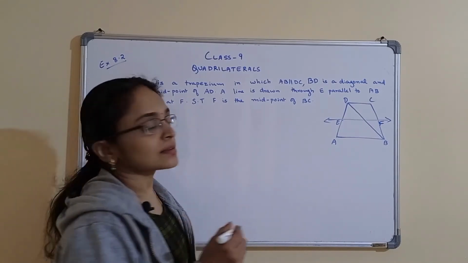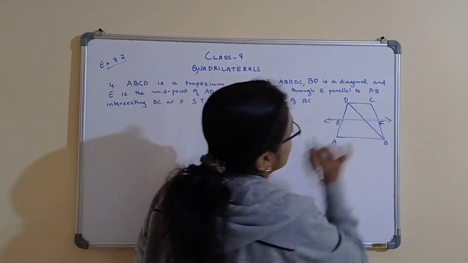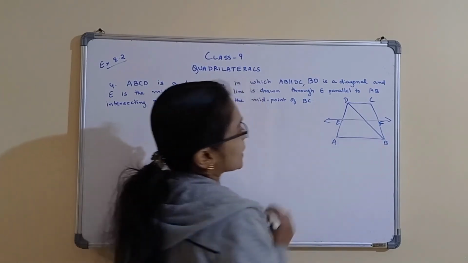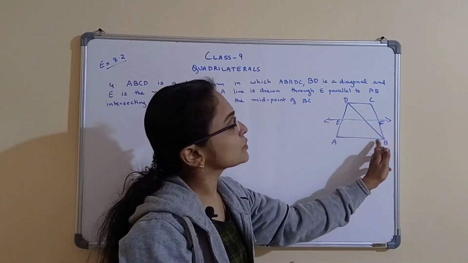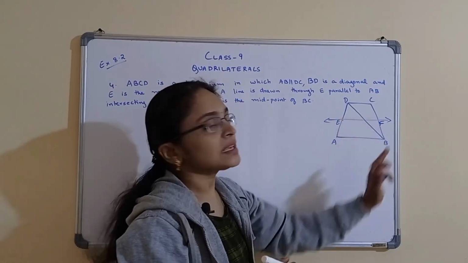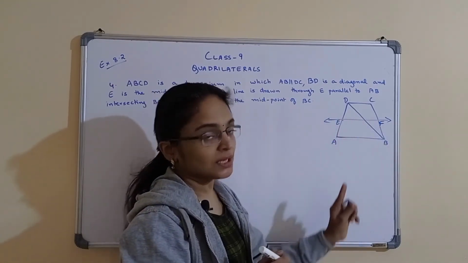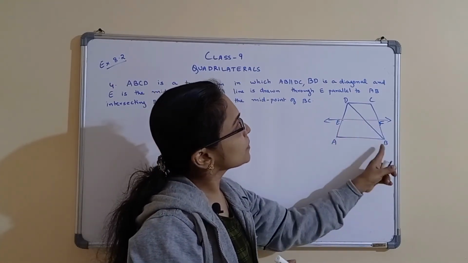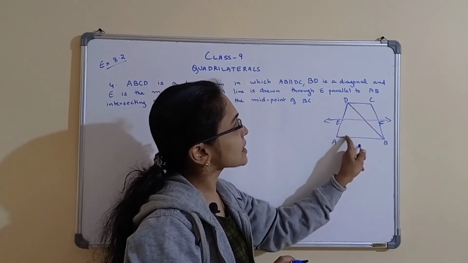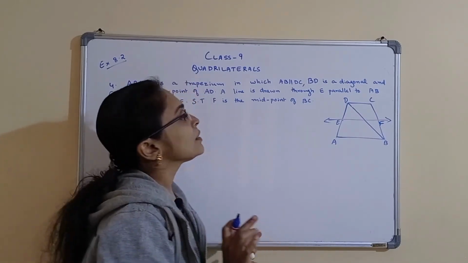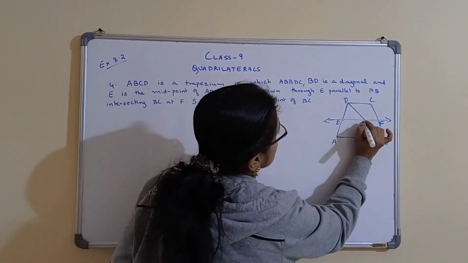We know that this EF is parallel to AB. Given that a line is drawn through E parallel to AB, which means this EF is parallel to AB and given that this AB is parallel to DC. Okay, so all these lines are parallel. Now, take a point G here.